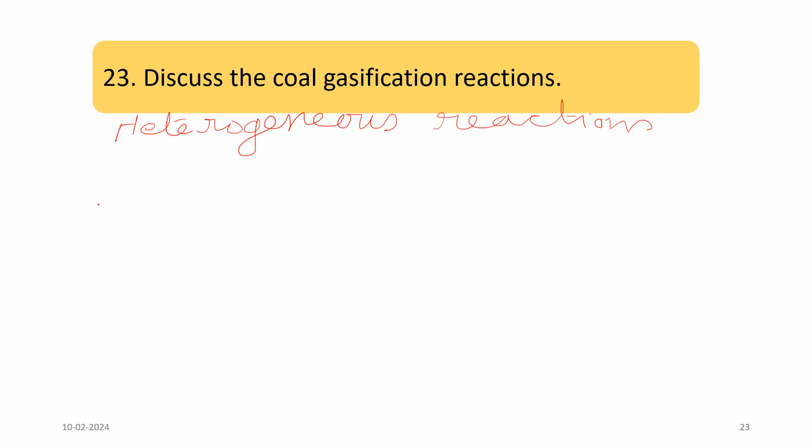But here, coal is our feed. Coal is represented as carbon, that is C. C plus steam produces H2 plus CO. So this is the syngas.